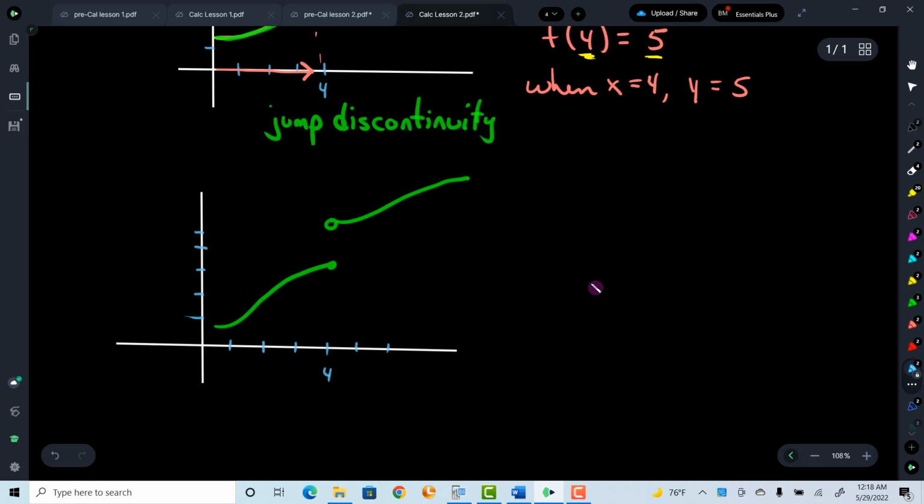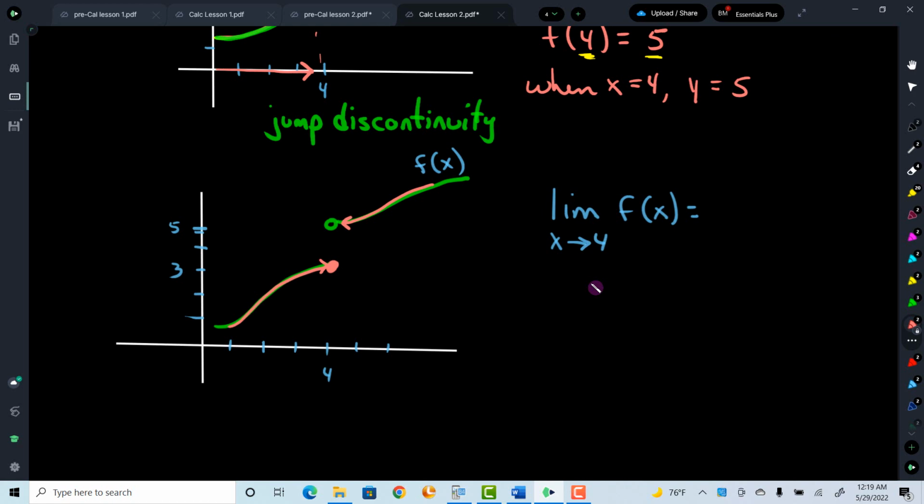Let's make 4, 5. Okay. So if we look at the limit, again, we label this as f of x. The limit as x approaches 4 of f of x. What's happening as x approaches 4? Well, if we look here, what's happening to y? It looks like y is approaching 3. But then look over here, what's happening? Here, it's approaching 5.